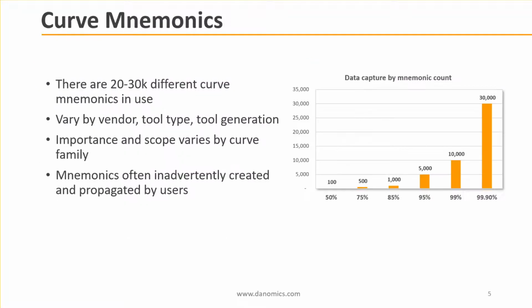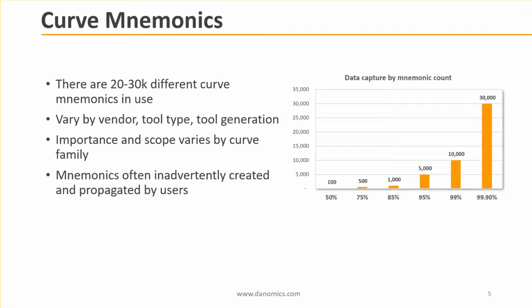attributes first. So when we think about curve mnemonics, there's about 20 to 30,000 different curve mnemonics in use. These vary by vendor, tool type, tool generation, etc. The importance of these mnemonics and the scope varies a lot by curve family.